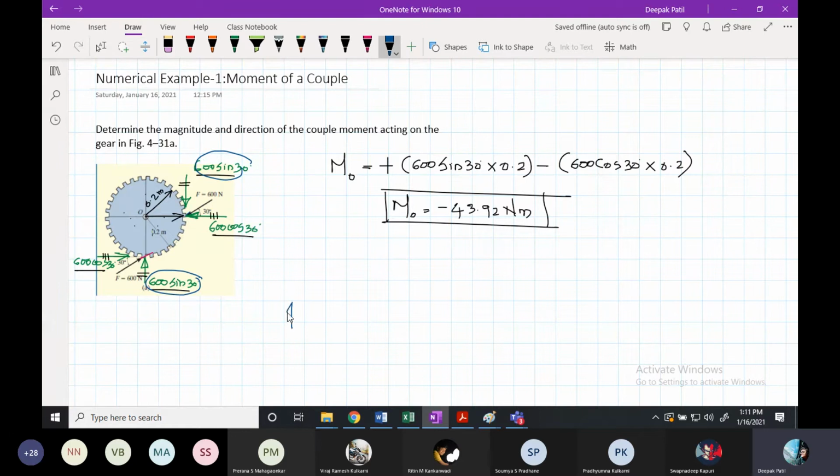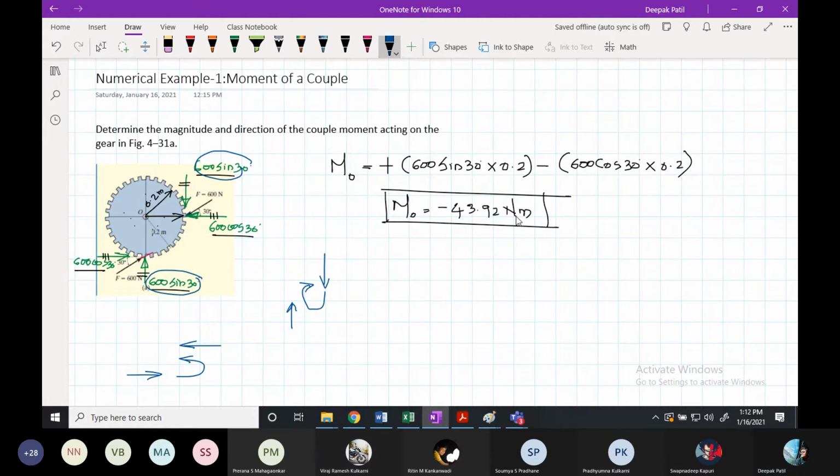One is upwards and the other one is downwards. You can clearly see it is clockwise. And you can see these two, 600 cos 30 and 600 cos 30. One is in this fashion and the other one is in this fashion. You can clearly see this will be anti-clockwise. Have you understood this equation and the answer?